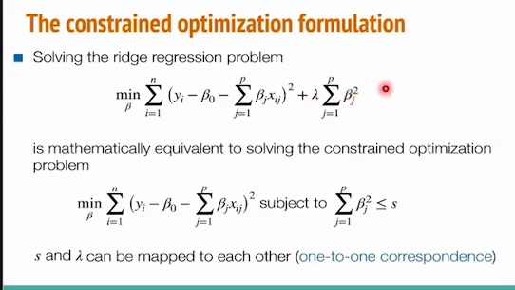One more time, Ridge uses an L2 penalty. Ridge is going to shrink the regression coefficients corresponding to irrelevant predictors towards zero, but not necessarily to zero.